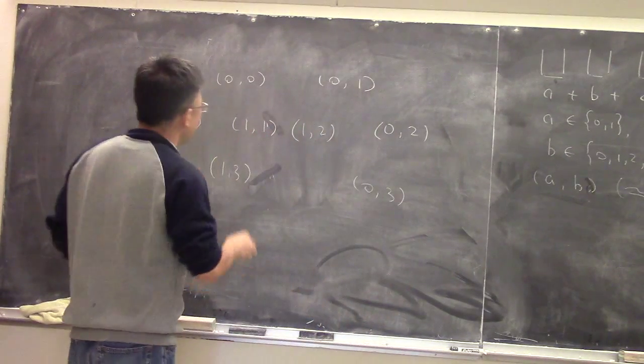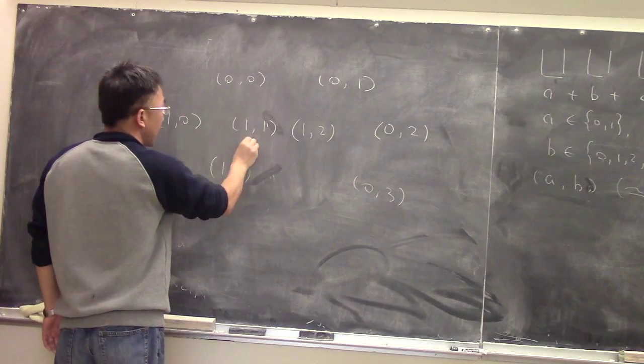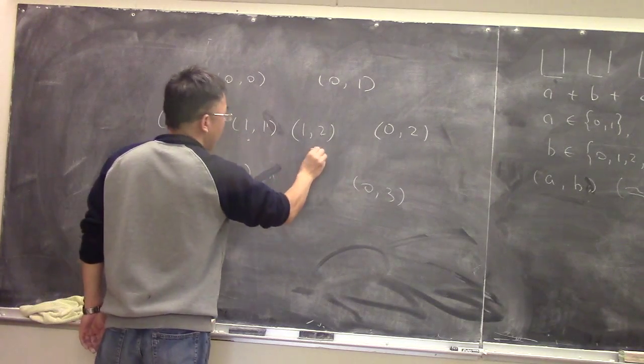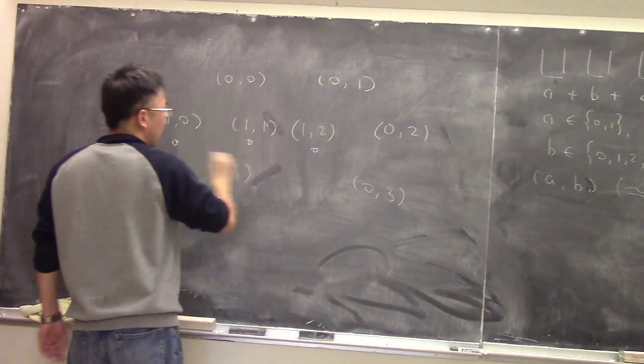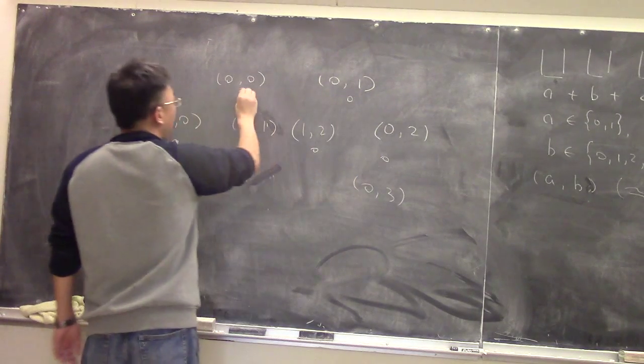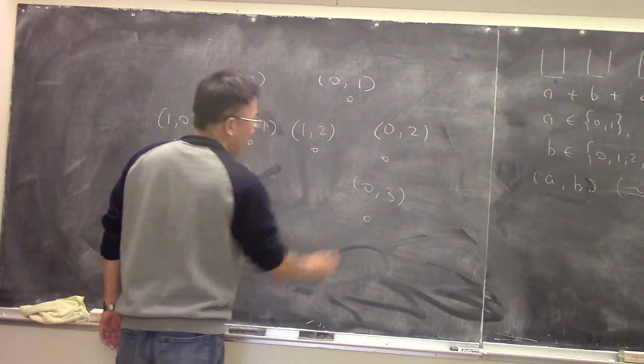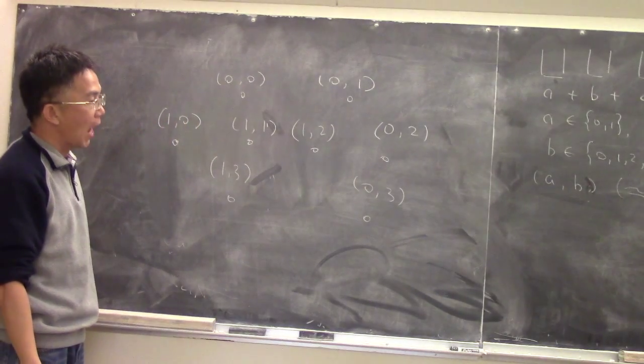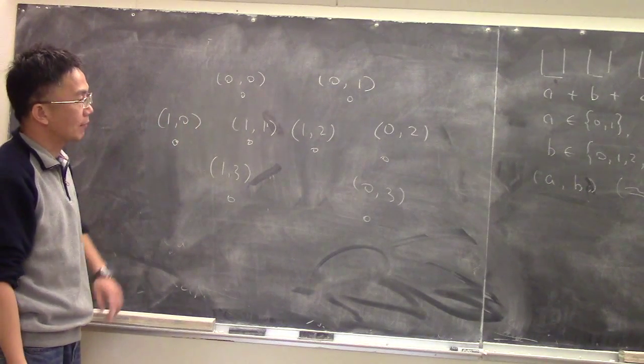And this is going to be my vertex. So all of this is going to be my vertex. And now I'm going to adjoin arcs, right? So into all of these vertices.